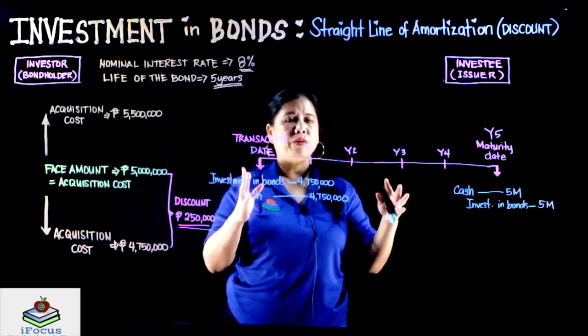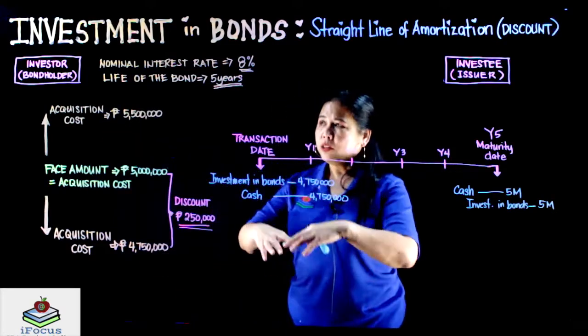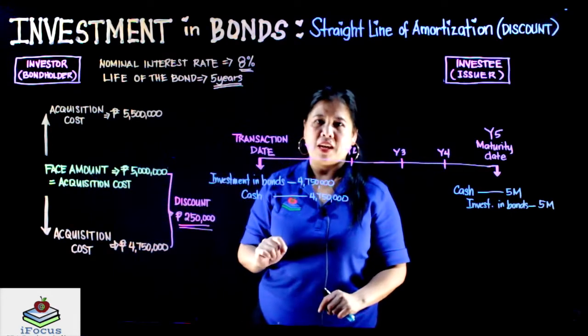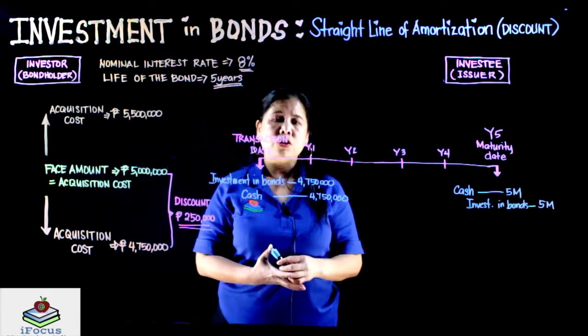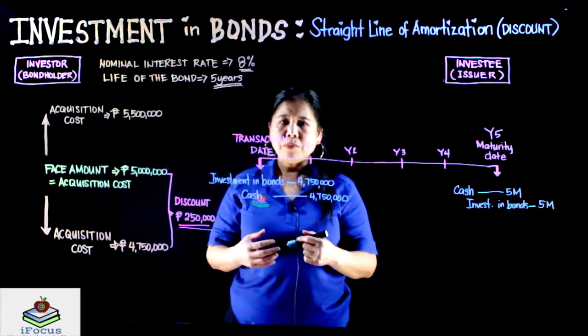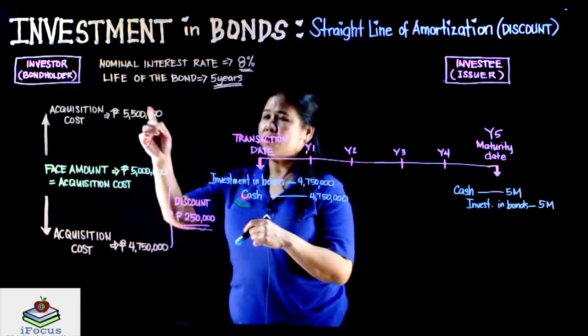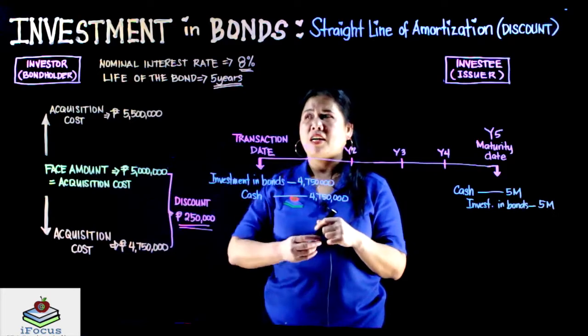During the life of the bond, the investor earns. In this example, our nominal interest rate is 8%. The investee pays 8% every year on these bonds. So our computation of the investor's interest income is the same as in the premium that we discussed.